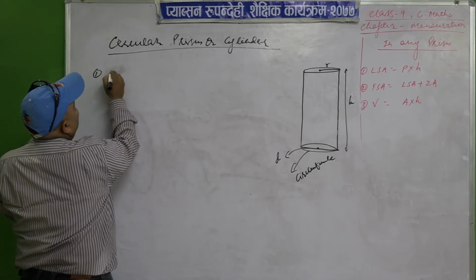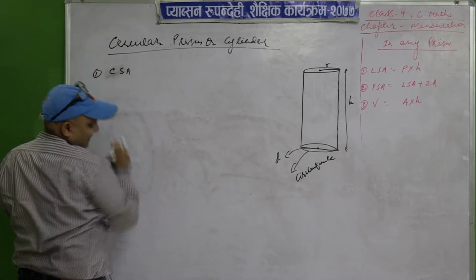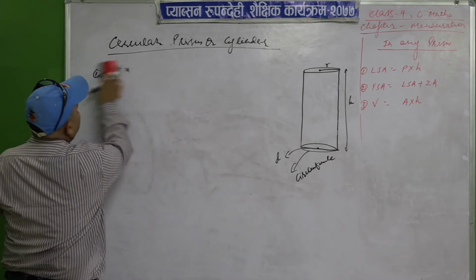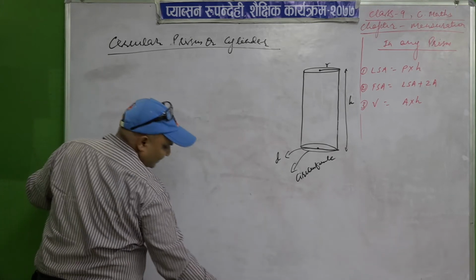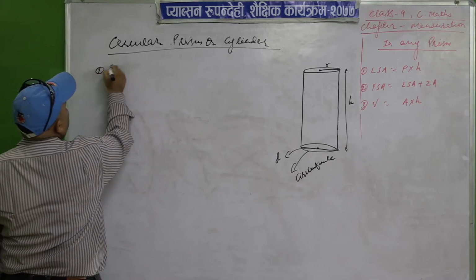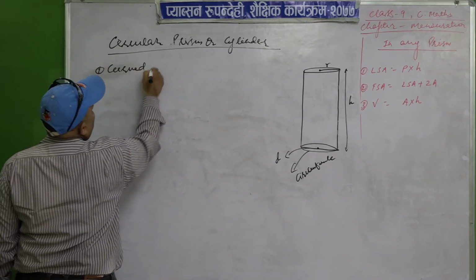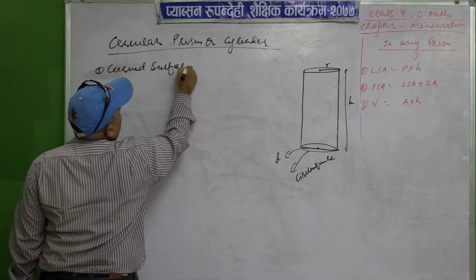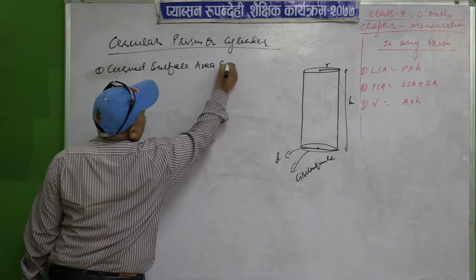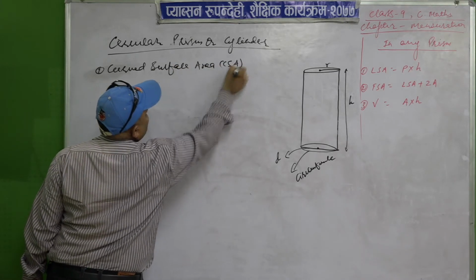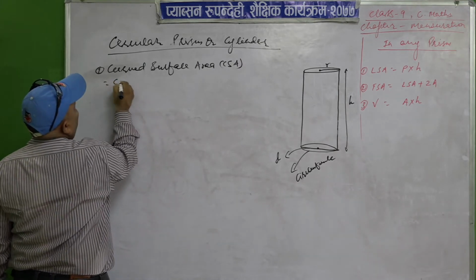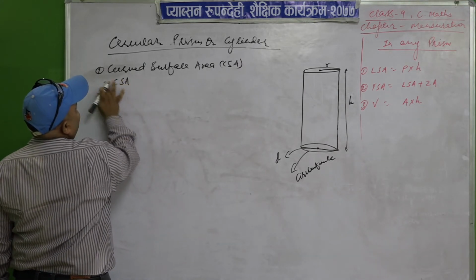I am going to write here CSA, curved surface area. The terms are different but the meaning is the same. Now we are going to find out CSA.